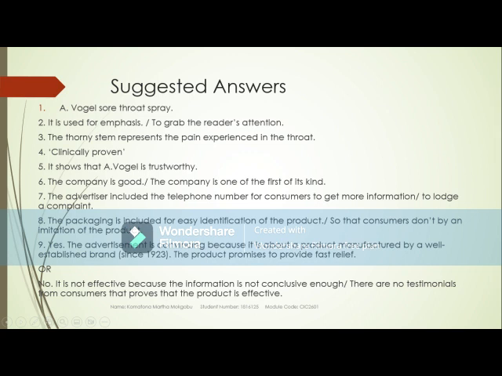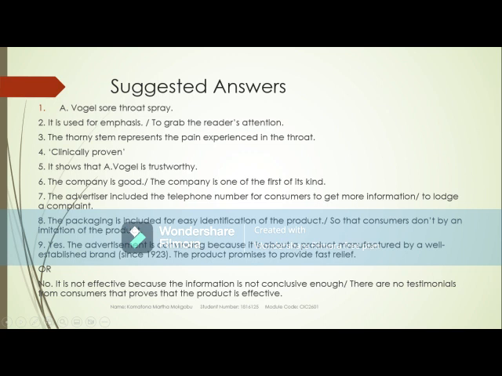Number 7, the advertiser included the telephone number for consumers to get more information. That is why the advertiser put the number of the company there. To do what? So consumers can get more information or lodge a complaint, right? Cool. Then we go to answer number 8. It says the packaging is included for easy identification of the product, so that consumers don't buy any imitation of the products.